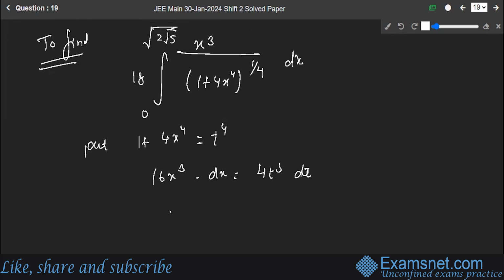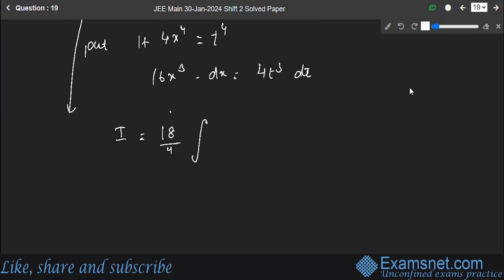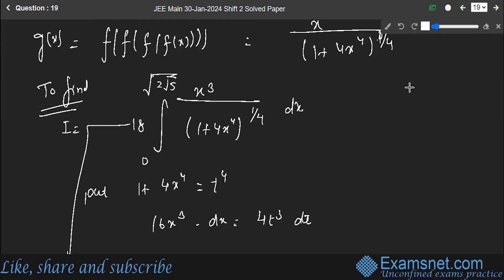Now let's get to this expression, this integral. Let's say this is equal to I. So I is equal to 18 upon 4, and the limits will be changed. When x is equal to 0, t will be 1, and when x will be 2 root 5, t will be, on solving, 1 plus 4 into (2 root 5) power 4.